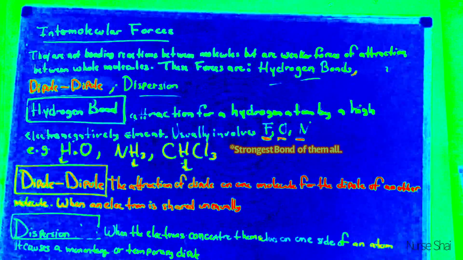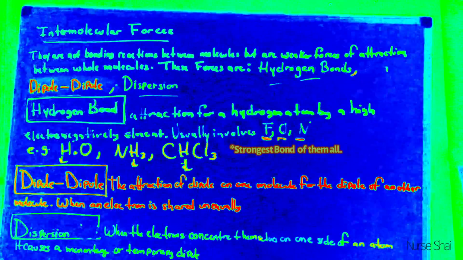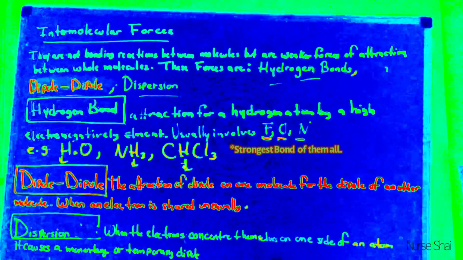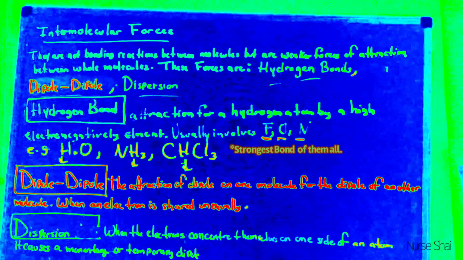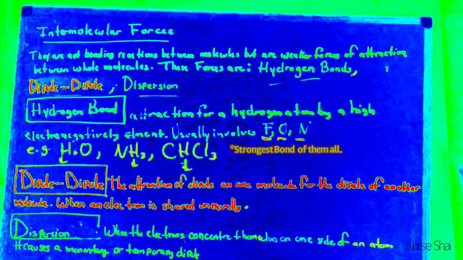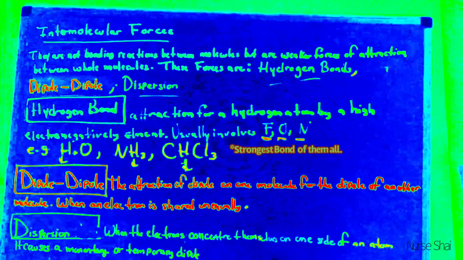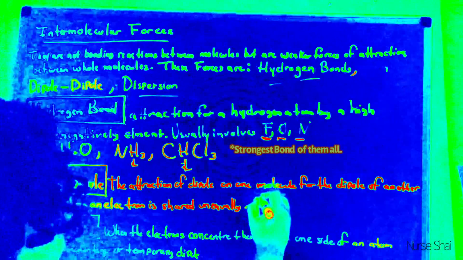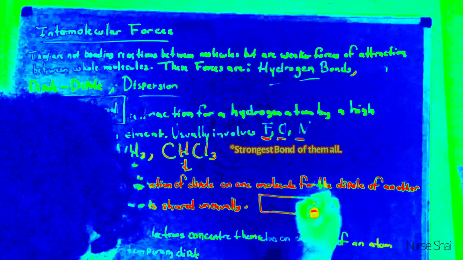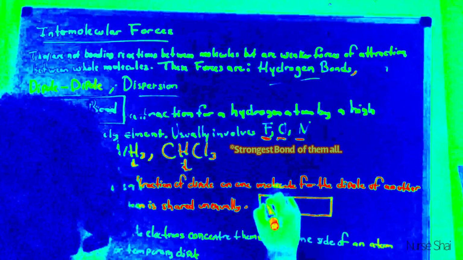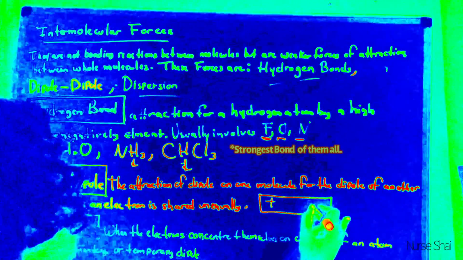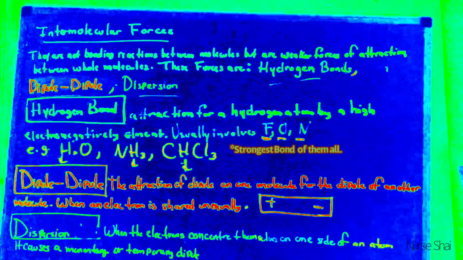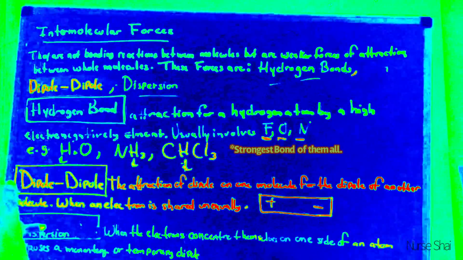This is when electrons are unevenly shared. Now this dipole example I'm going to give you, it's kind of weird, but this is something that helped me understand exactly what it is. I just write that and I put that by dipole. It's like an opposite attraction.